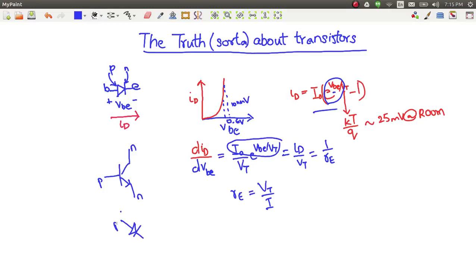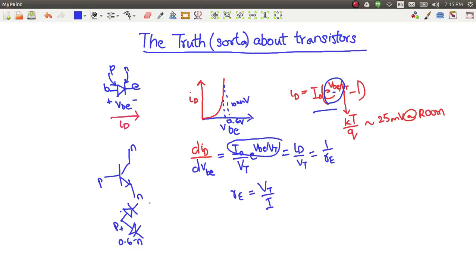So this was the P and this was the N, and this voltage is why we are saying that this is around 0.6 volts or 0.7 volts. And there's actually another diode this way. You can't put diodes back to back and get a transistor.